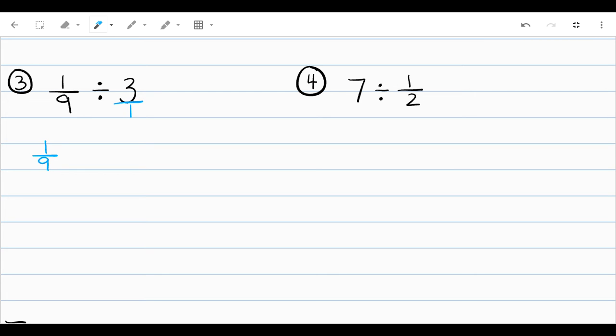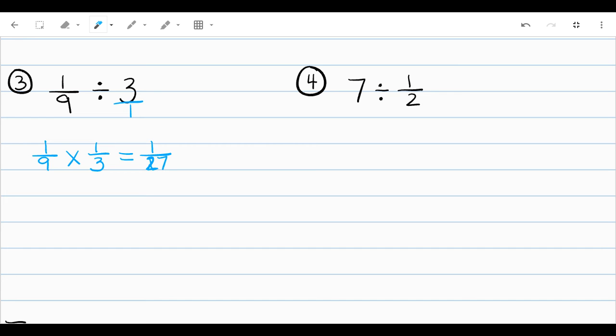We're going to change division to multiplication, and we're going to flip our second fraction so it becomes 1 over 3. So now we multiply straight across. 1 times 1 is 1. 9 times 3 is 27. And 1/27 is in simplest form. So that's our answer.